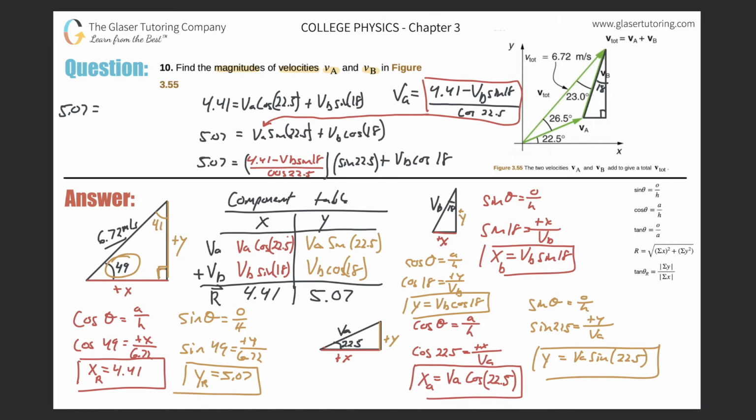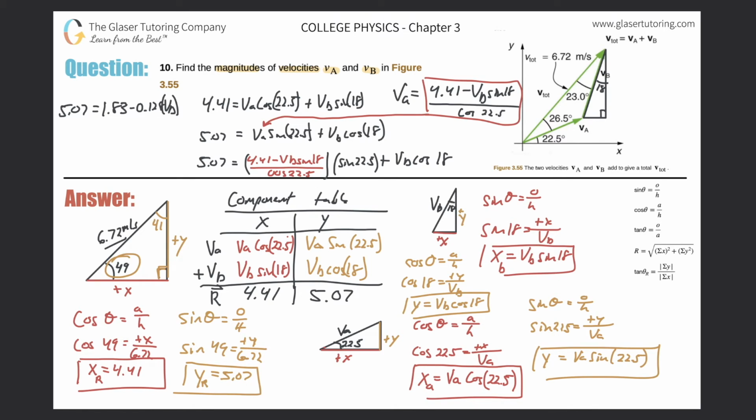So take that and multiply by 4.41. We get a value of 1.83. And then it's going to be minus, so we take 0.4142, multiply it by sine 18, and we get a value of minus 0.128 VB.